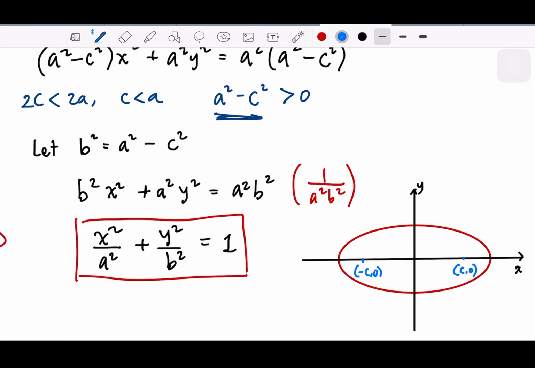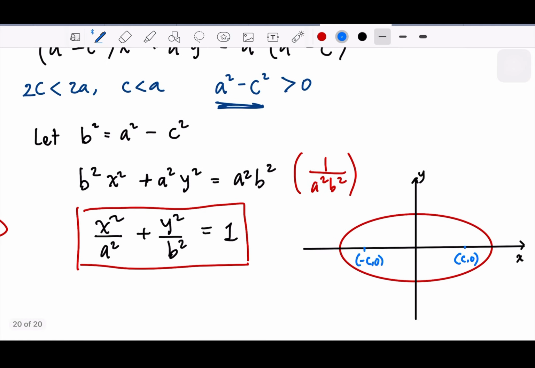And then we can find the intercepts. Okay, we can find the x-intercept that is actually equal to A. So this is (A, 0), and this will be (negative A, 0).